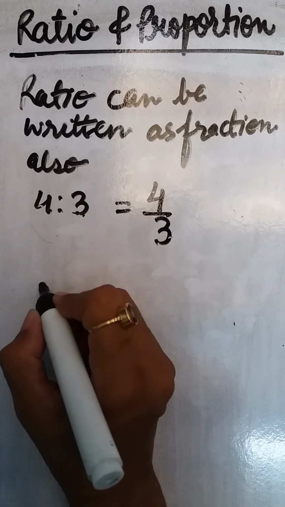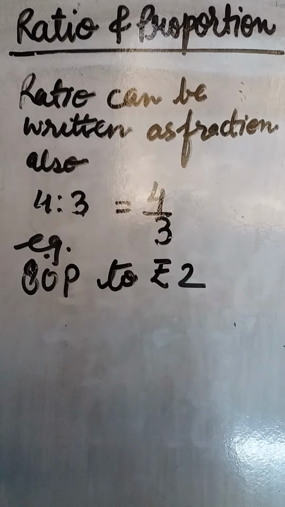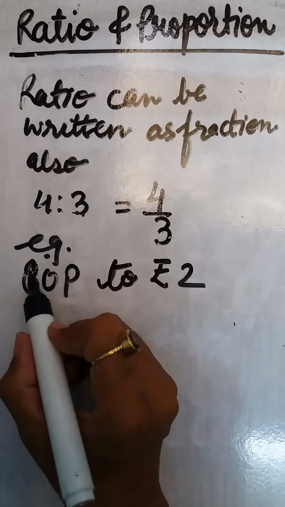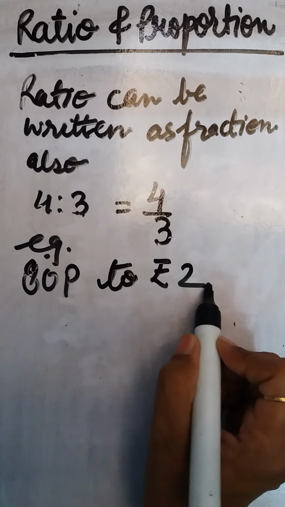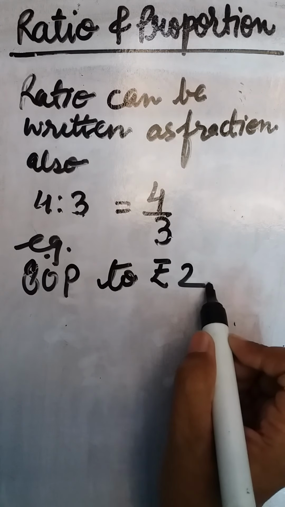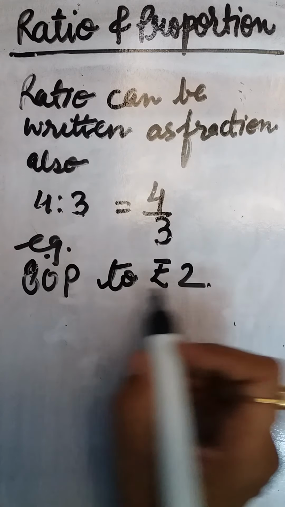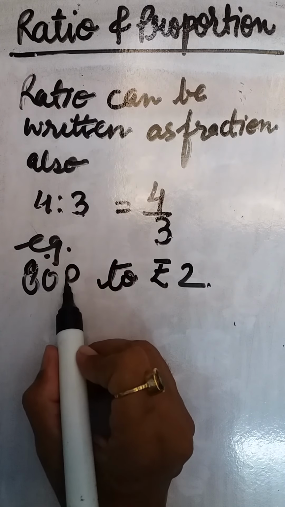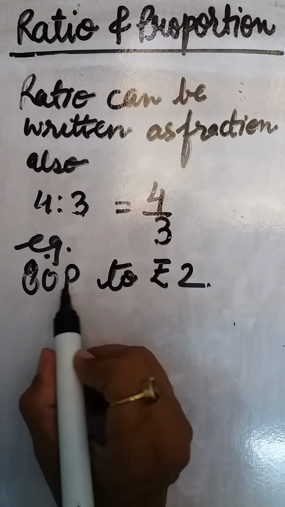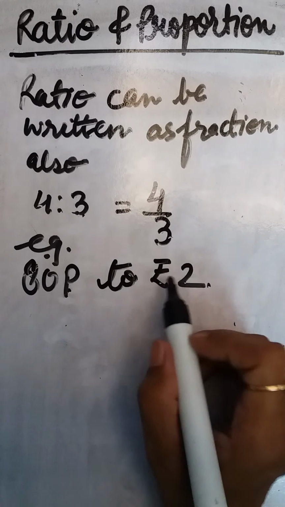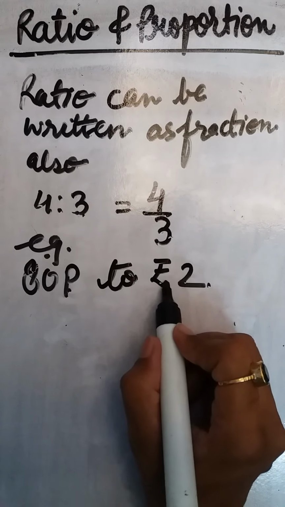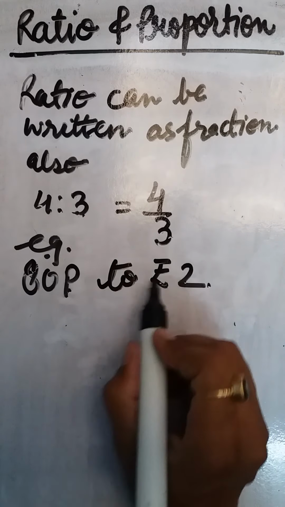If we need to write 80 paisa to rupees 2 in the ratio in its simplest form, we should first check which unit they have. Here 80 is paisa and 2 is a rupee. We first convert them into the same unit.